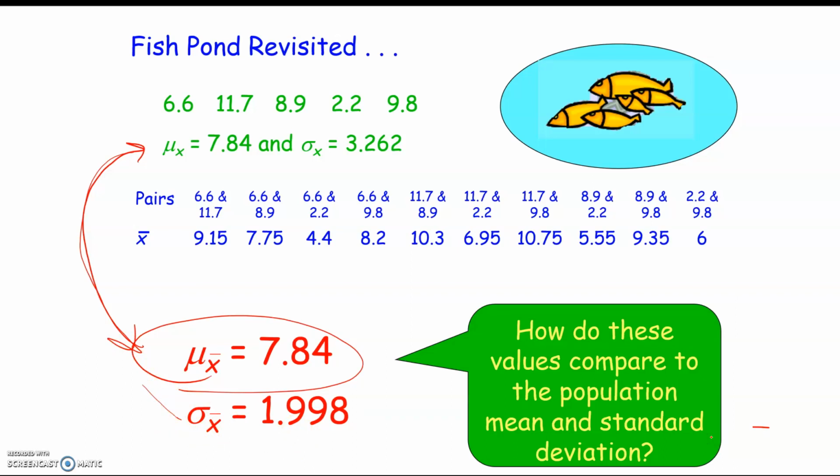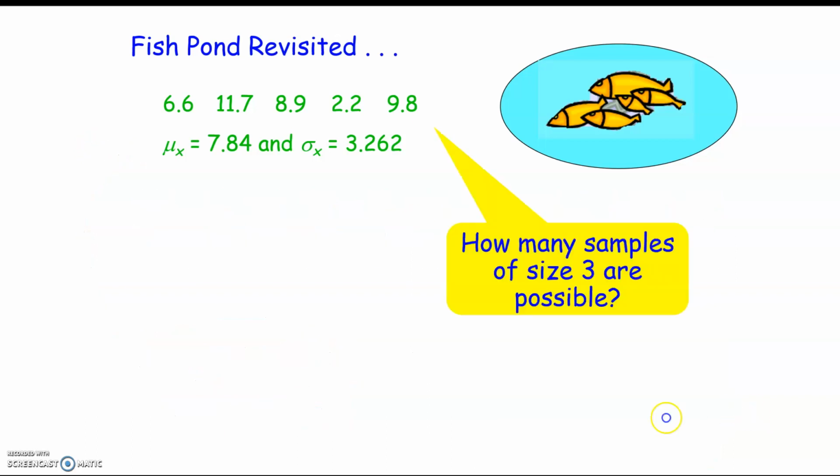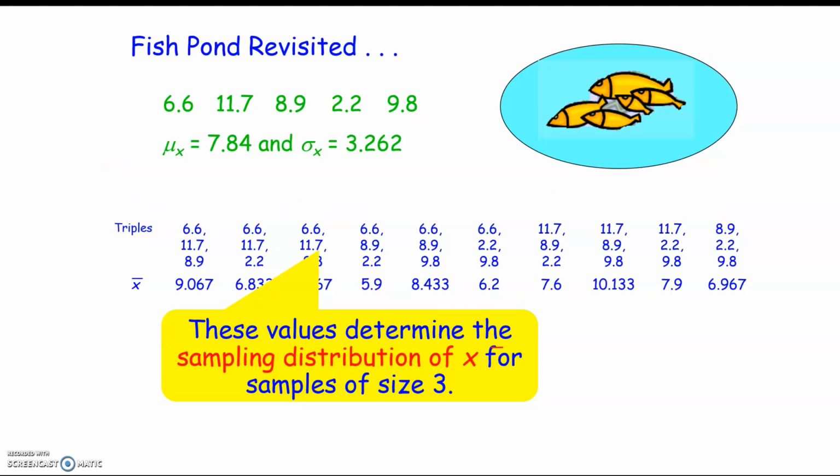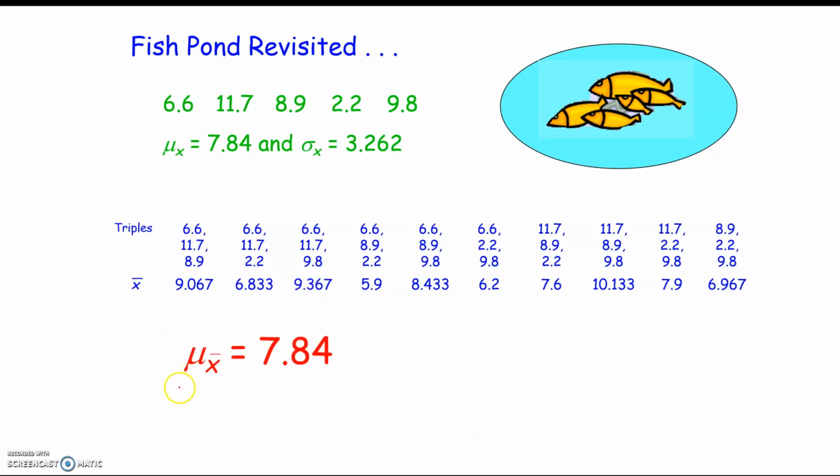So when we look at how they compare to the actual population, the mean values are always the same for the sample mean distribution, but as we get our groups up, this distribution is getting smaller.